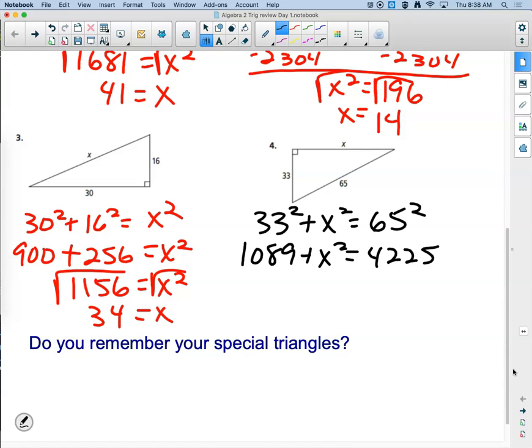Then what do we do? Subtract. We'll make the number a little bit smaller. So our 4,225 minus 1,089, 3,136.